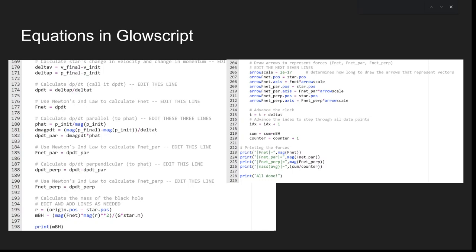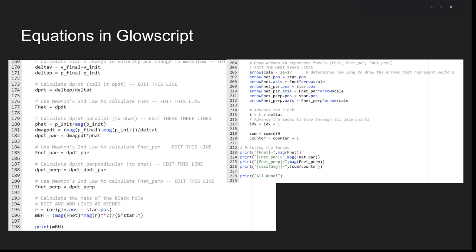To calculate the parallel component force, we will need p hat, which is simply the initial momentum over the magnitude of the initial momentum. Next, we will need to find the derivative of the magnitude of p with respect to time, or d magnitude p dt. This can be found by subtracting the initial magnitude of momentum from the final magnitude of momentum, then dividing by the change in time.